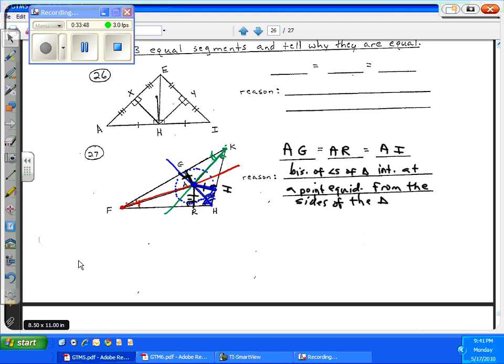The circle would be said to be inscribed in the triangle, and the triangle would be said to be circumscribed about the circle. Okay? Normally, we like the word circumscribe to be a circle. It could still represent a polygon that was drawn around or outside of a circle. Okay?